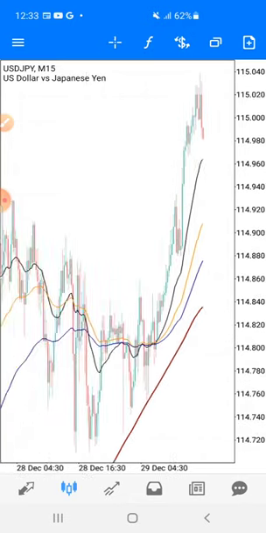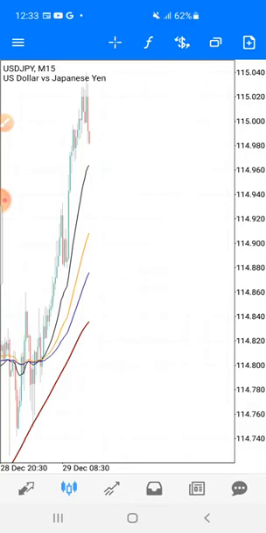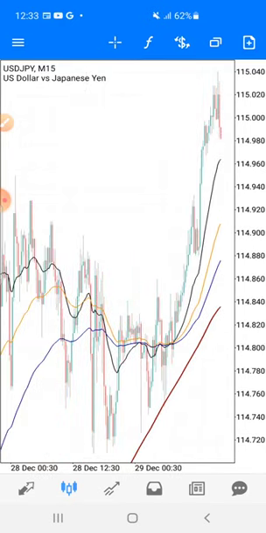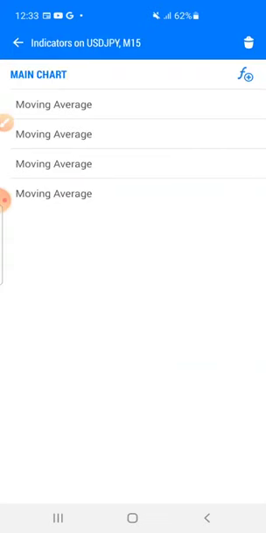Now, for the indicators I added, I used two indicators, the smoothed moving average and the moving average stop and reverse. I've already figured out some moving averages that do the same thing you see there. So we are going to be using four moving averages.